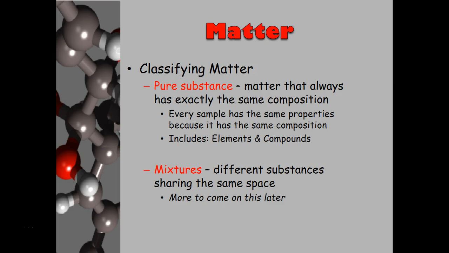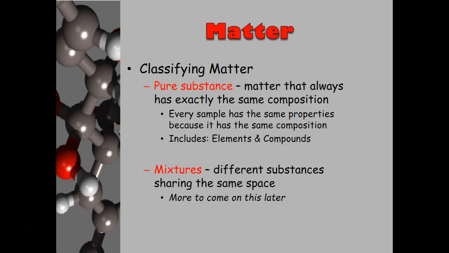So here's what I mean between a pure substance versus a mixture. A pure substance, meaning elements and compounds, always has the exact same composition and the exact same properties regardless of where I take it from. If I take hydrogen out of the atmosphere or out of a sample in the ocean, hydrogen is hydrogen is hydrogen.